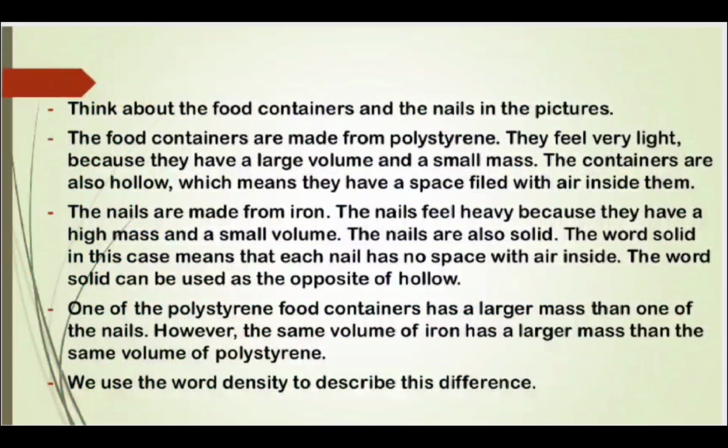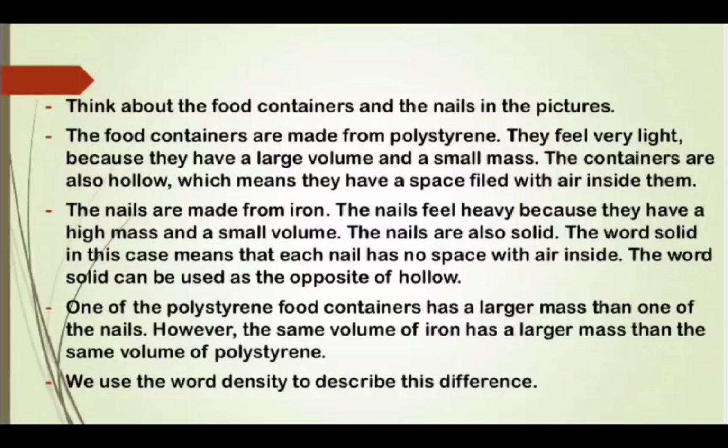Think about the food containers and the nails that you must have seen in your textbook in the pictures. Now the food containers are made up of polystyrene. If you weigh them, they are quite light. If they are light, that means the number of particles that it is made up of is less.